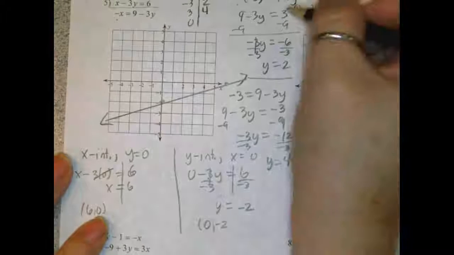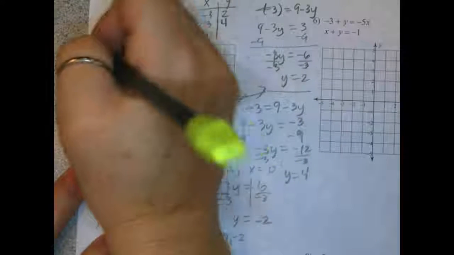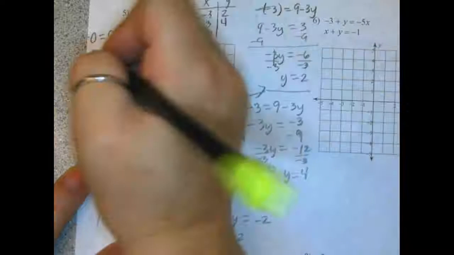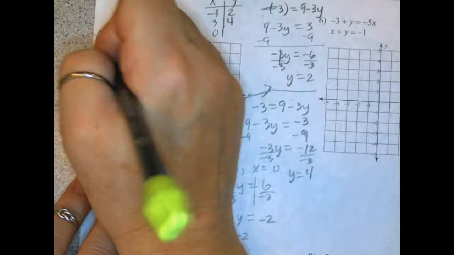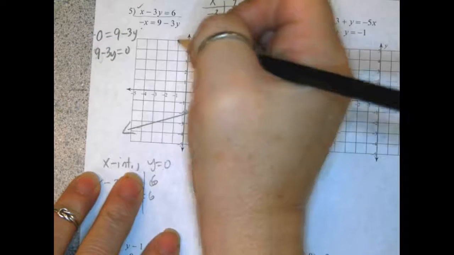Okay. For the last one, x is going to be 0. So write it out over here. It's going to be easy. 0 is equal to negative 0, which is still 0, 9 minus 3y. All right. So I'm going to switch my sides: 9 minus 3y is equal to 0.